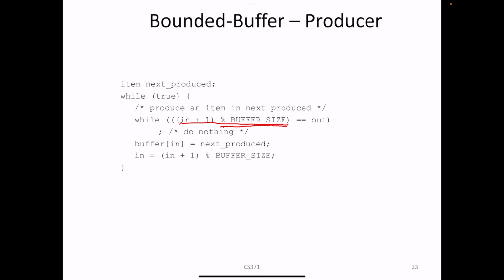Then this condition: currently in equals 3, 3 plus 1 equals 4, and then 4 mod buffer size, which is 4 mod 4, equals 0, which is not equal to out, because currently out is equal to 1. Then the producer can put a new atom on the buffer again. So later we will talk about a new solution which can use all the buffer size.